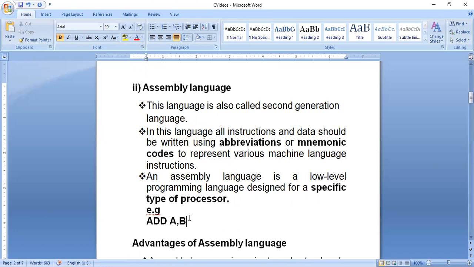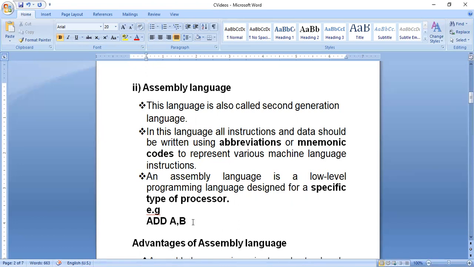A comma B are the values, where A stores one value and B stores another value. So the total sum is stored in A. If A is the destination, B is the source, and the total value is stored in A. Or A is the source and B is the destination, and the final value is stored in B. Add A comma B: the values in A and B are added and stored in the destination register. Here, the destination register is either A or B.